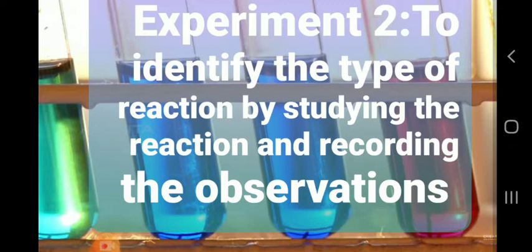So in this reaction, we conclude that it is a combination reaction. Some processes are very fast and some are very slow. So here we will see how this reaction takes place in the video, children.